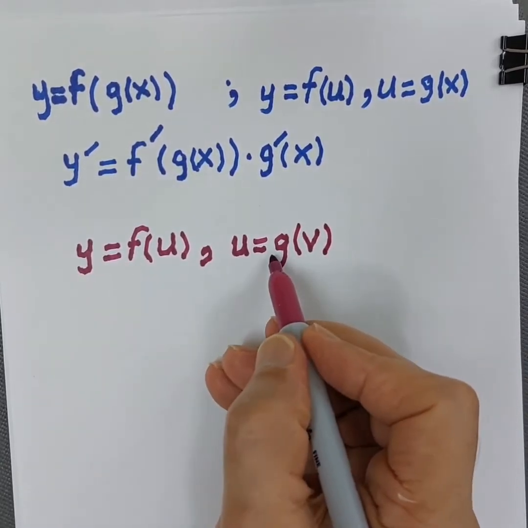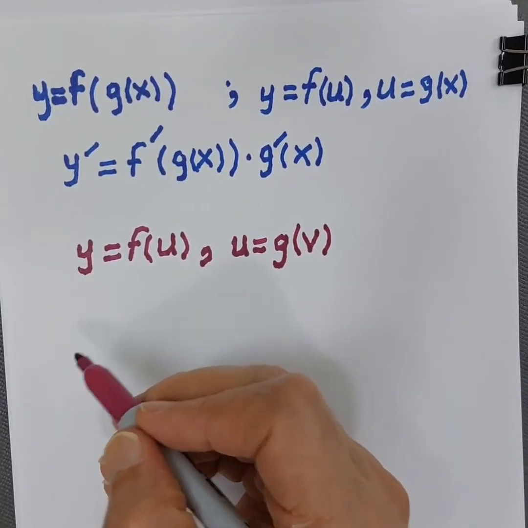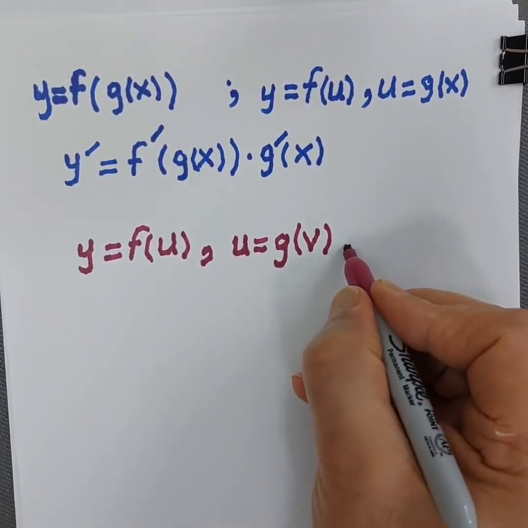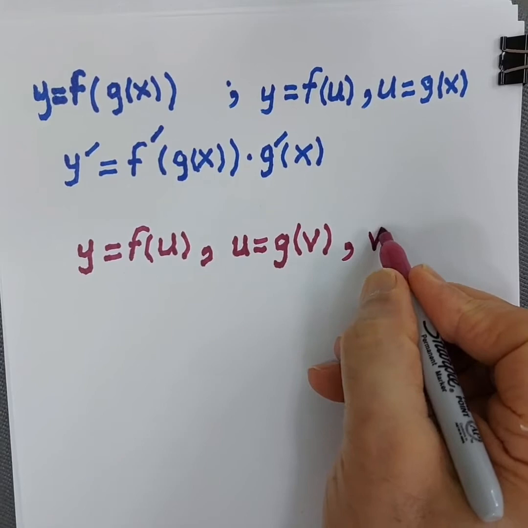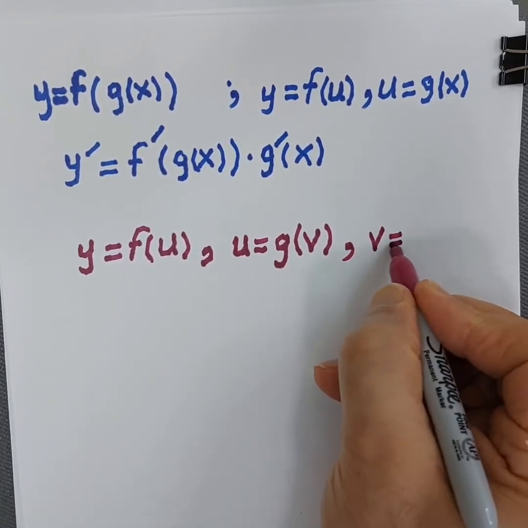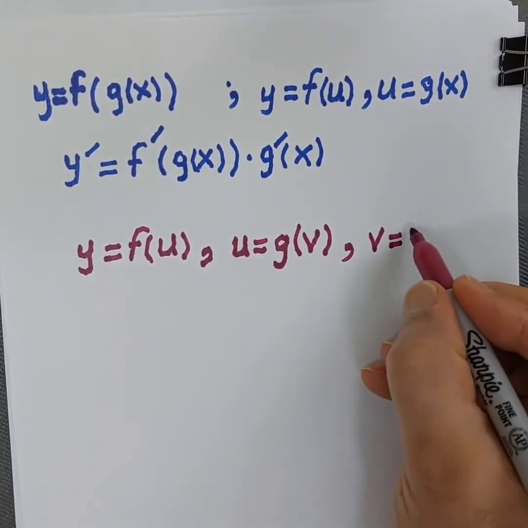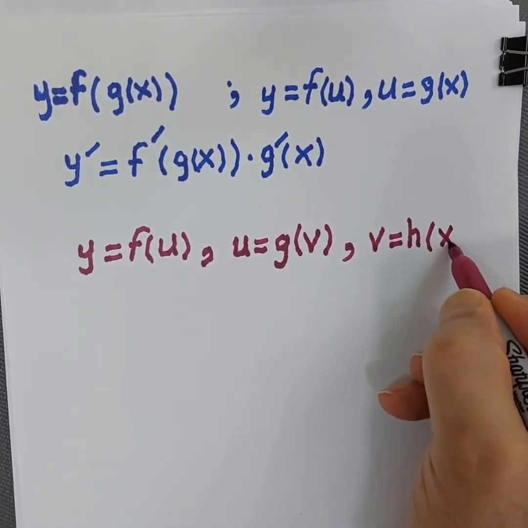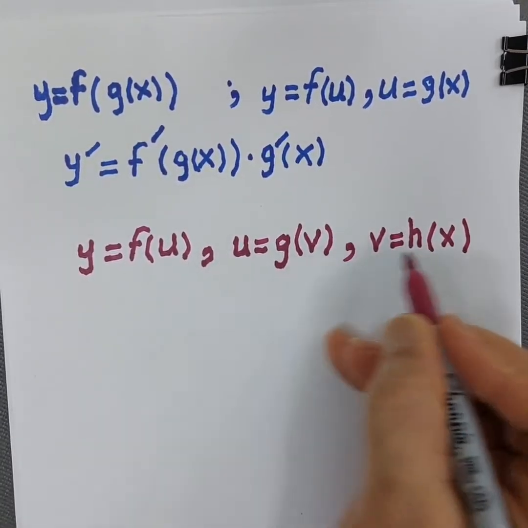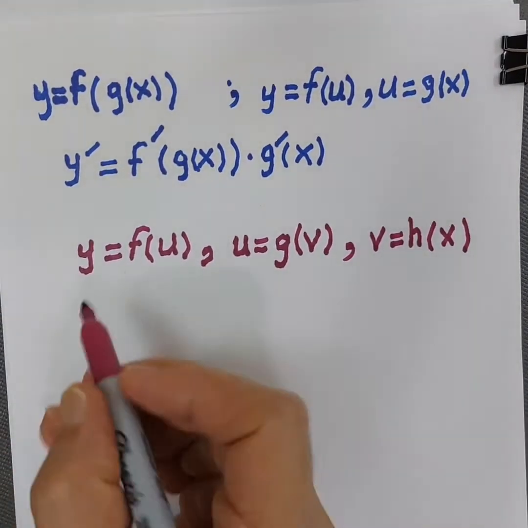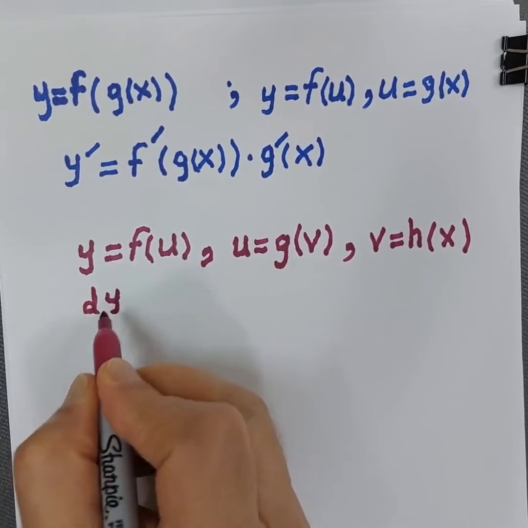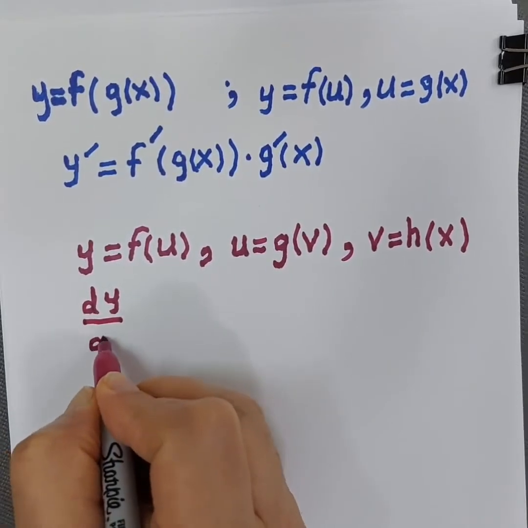U is a function of v, we named it g of v. And v also is a function of x, like v is equal h of x. See, we have here three variables. So how can we find the derivative of y with respect to x?